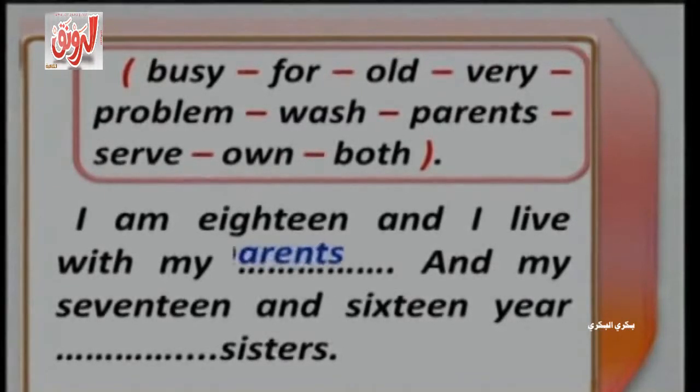Of course, parents. With my parents. And my 17 and 16-year-old sisters. Very clear from when you are asked about your age. How old are you? To say, I am 16, I am 17 years old.